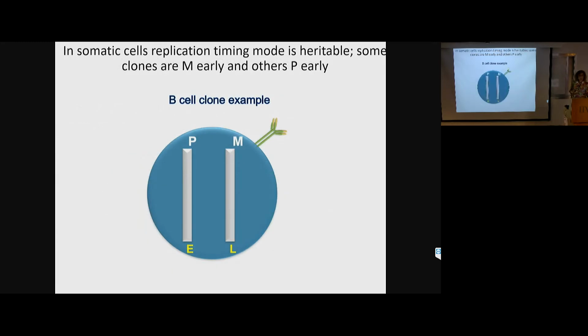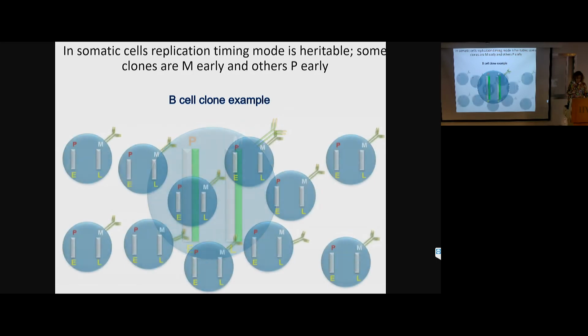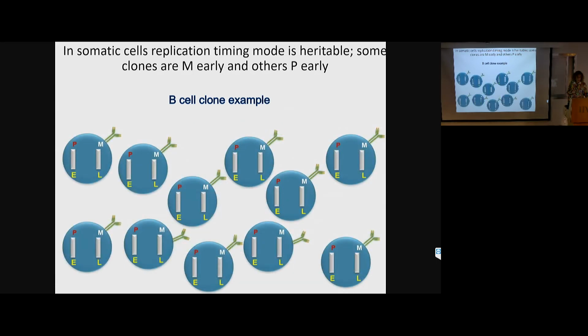And then we looked at what happened in a single cell clone, and you will understand why down the line. Here, the mother cell is paternal early and maternal late. And now we look at the other cells in these clones, and all of them show the same pattern: paternal early, maternal late.